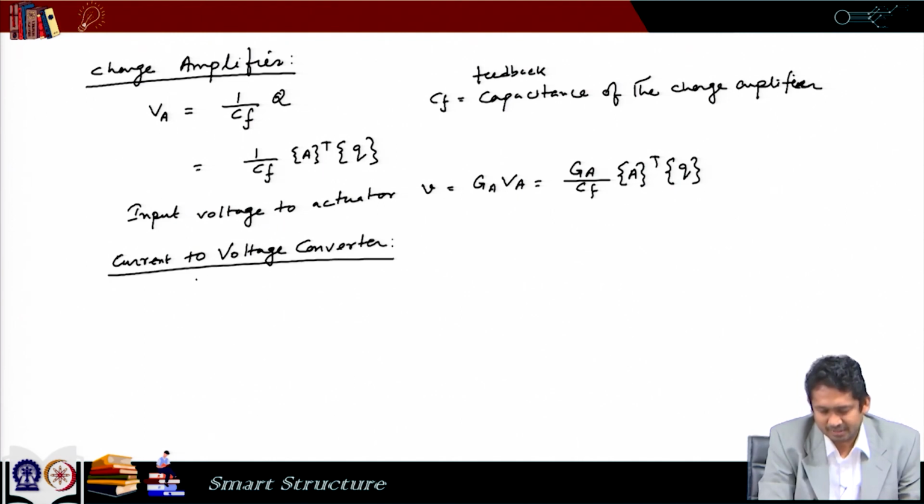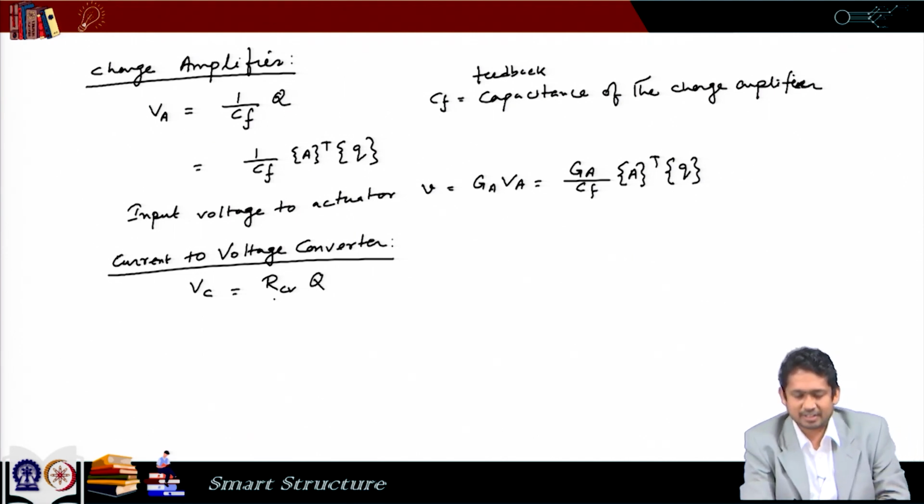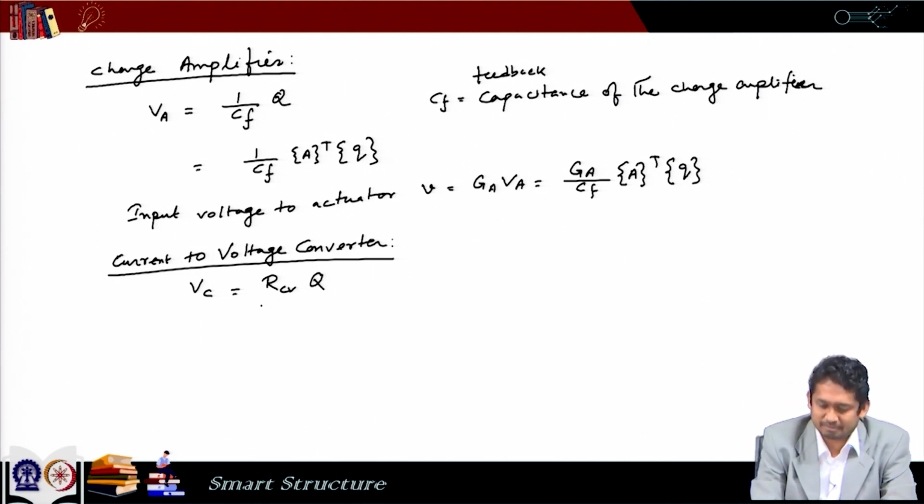For that, the voltage, let us write it as V C is R C V multiplied by Q. So, R is a resistance. If we look at the structure diagram of the current to voltage converter, the position of R is there.